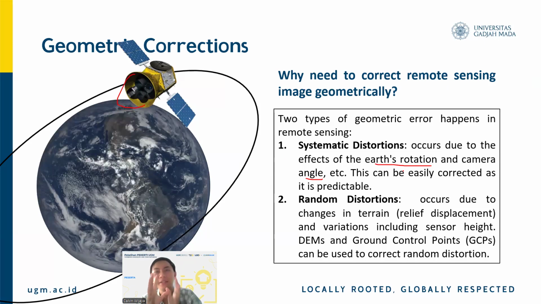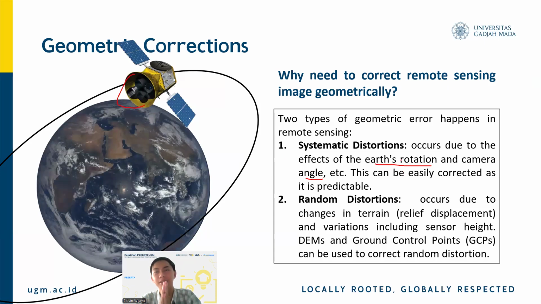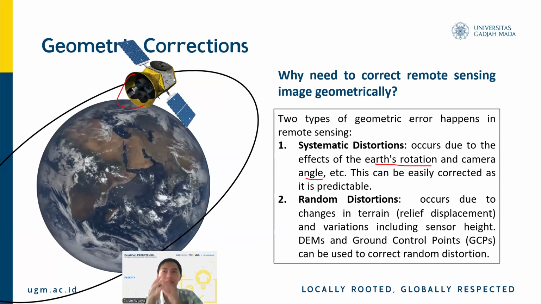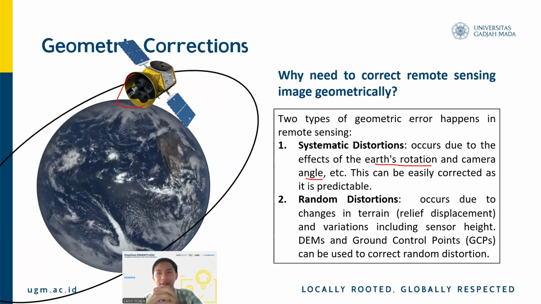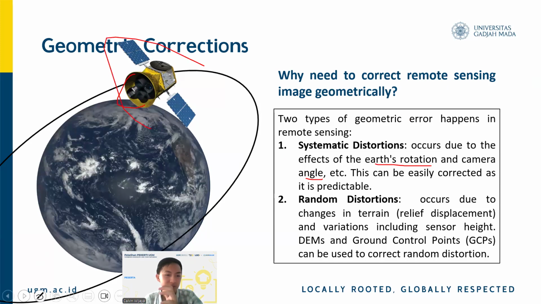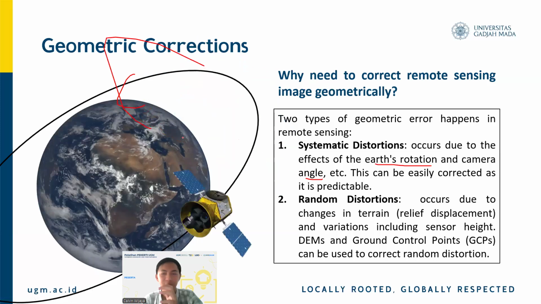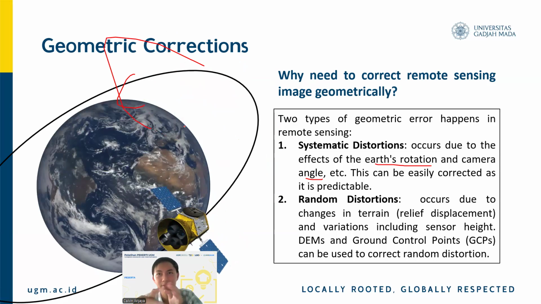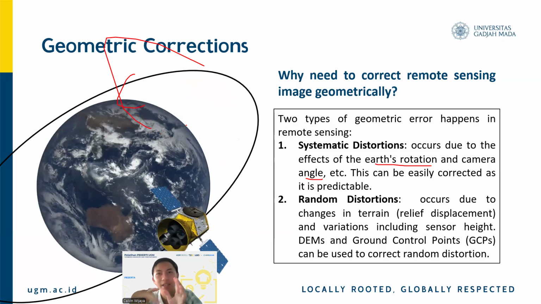This makes the image sometimes not in the correct position, because the Earth is rotating and the satellite is also moving from this position into this position. So both the objects on Earth and the satellites are moving, are rotating.